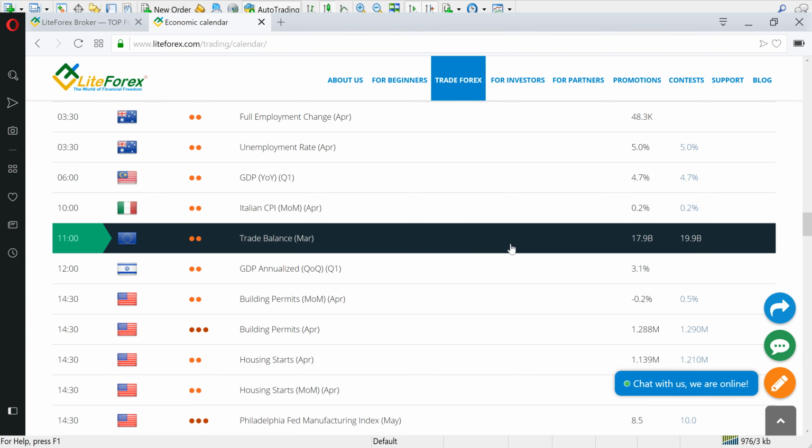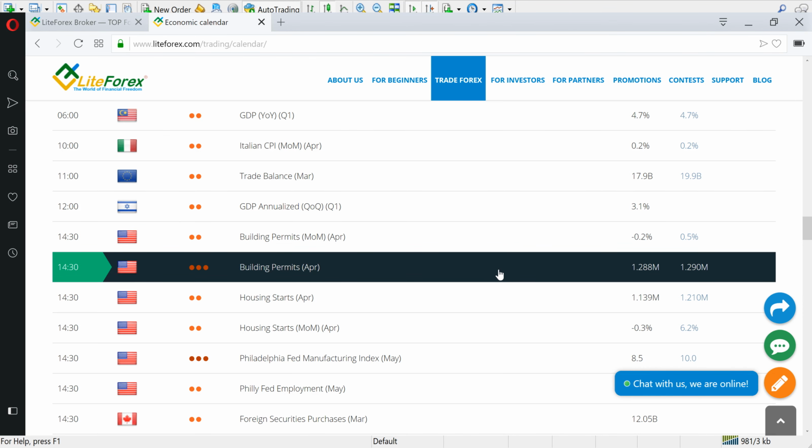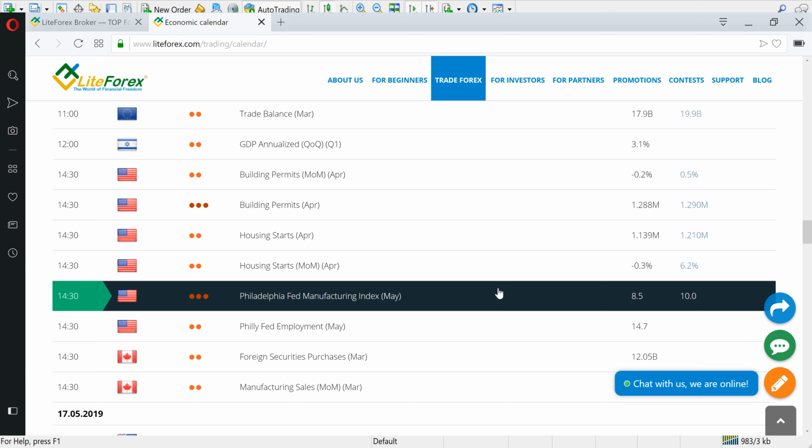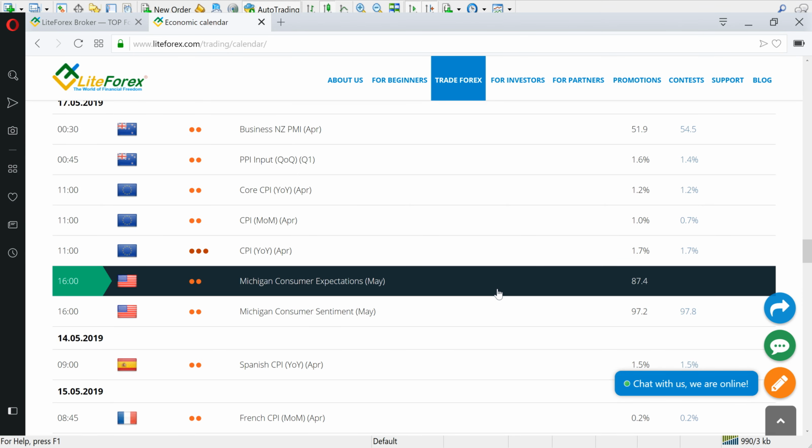European Union Euro area will release trade balance figure, and in the United States look for building permits and Philadelphia Fed Manufacturing Index and other important indicators for the US economy.